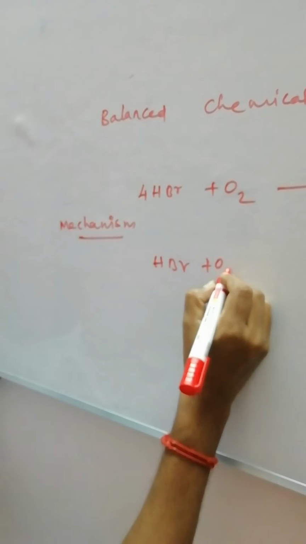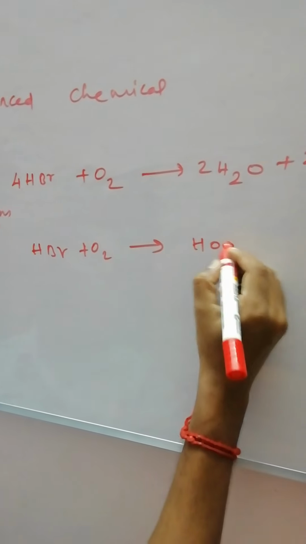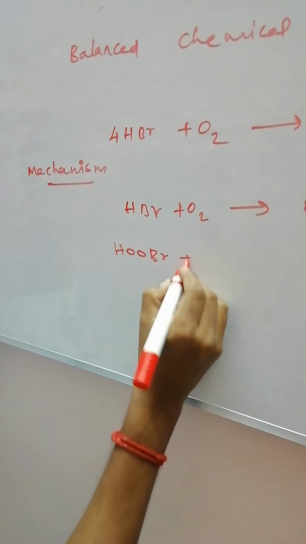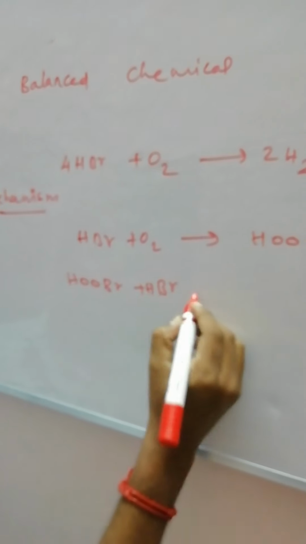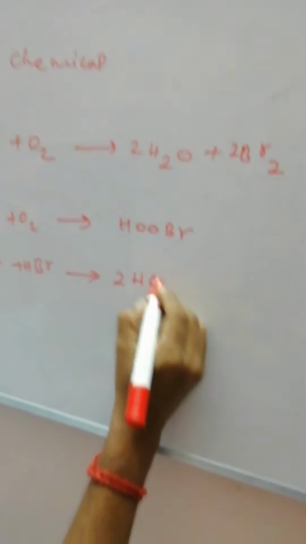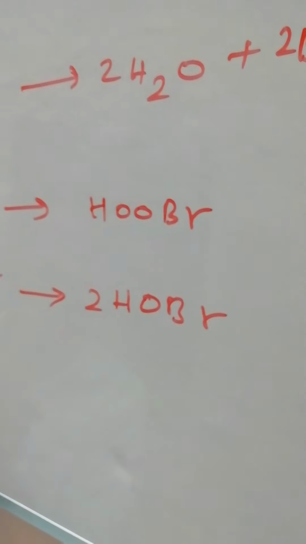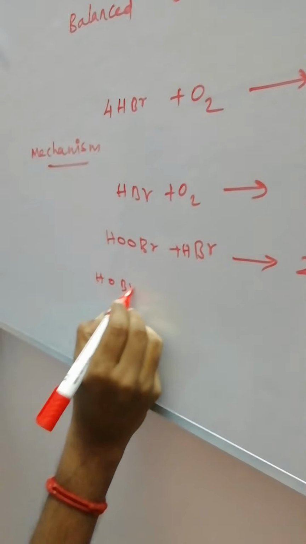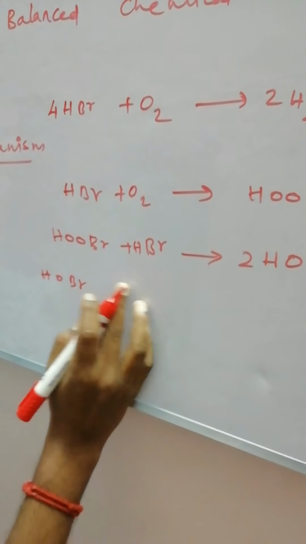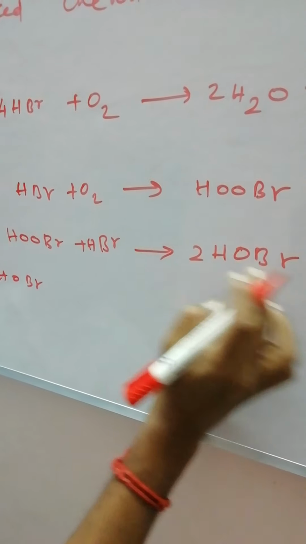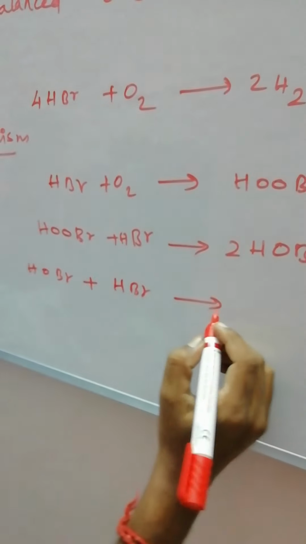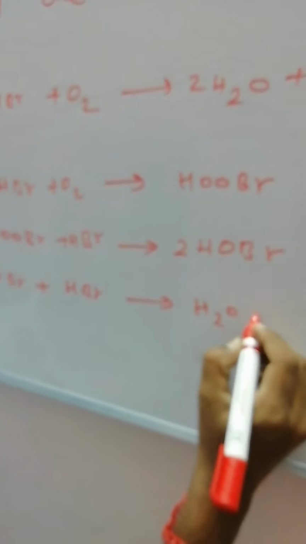HBr plus O2 gives HOOBr. HOOBr plus HBr gives HOBr. HOBr plus HBr gives H2O plus Br2.